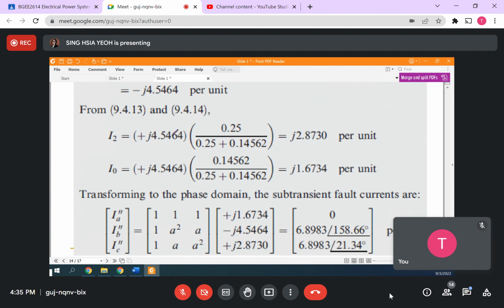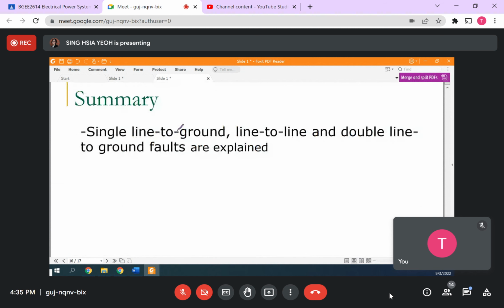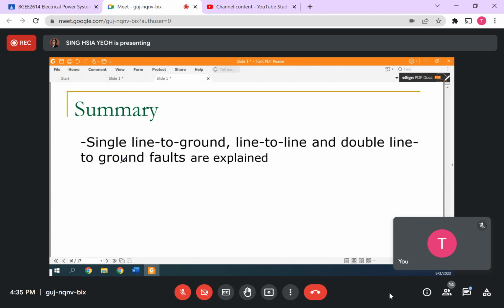This is a briefing for the unsymmetrical fault chapter. Do you have anything that you would like to ask? Hello? Any problem? So far, so good? So basically, it's 3 circuits that you have to memorize. And you only have single line to ground, line to line, or double line to ground fault.